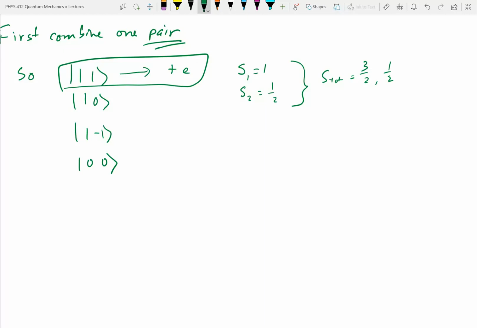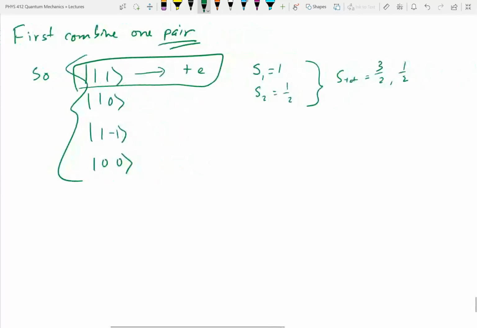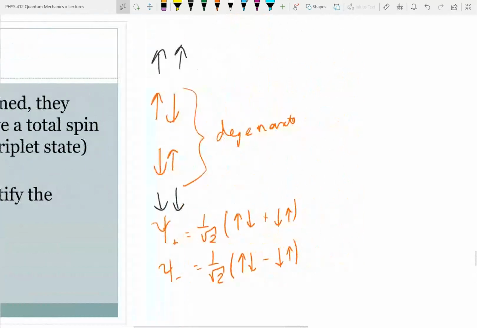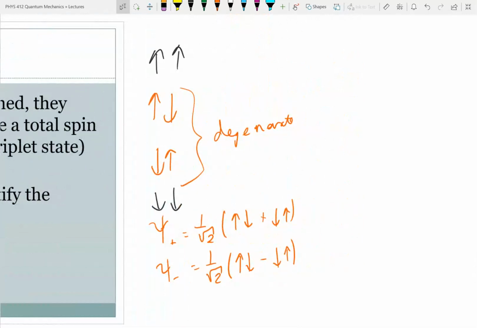How did we get the four states? These states here? Those we did directly up here, right? Because this is, and this is, right?